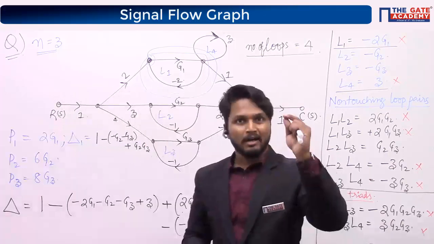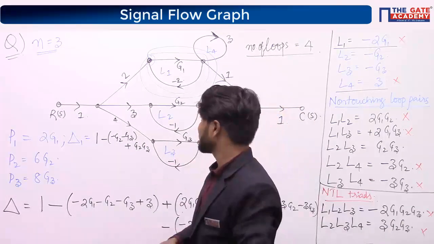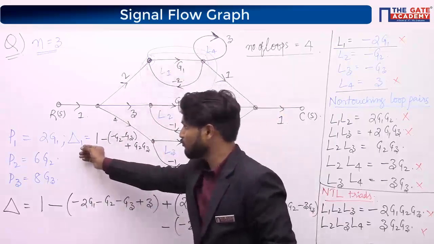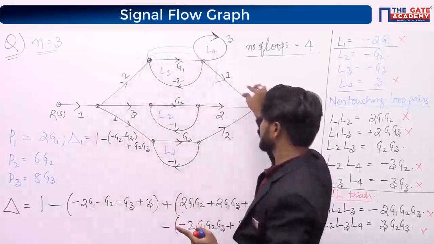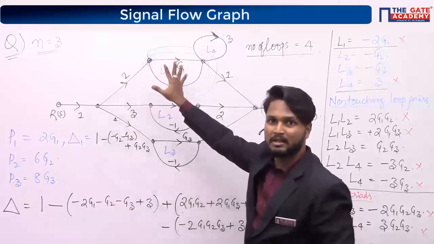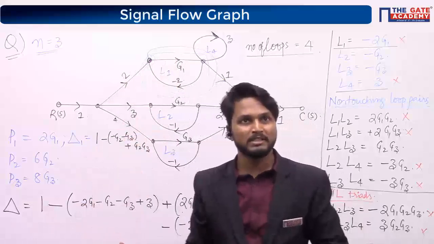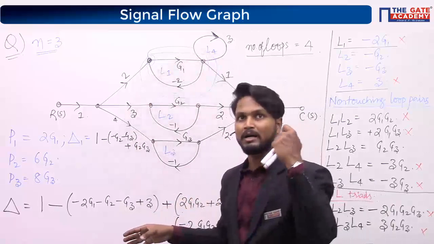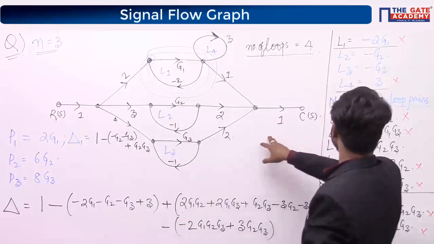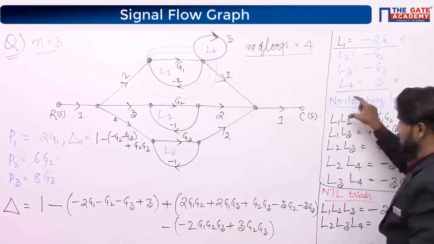That's it. I will consider whatever loops are touching the first forward path. Delta 1, 1 means first forward path. Whatever loops are touching the first forward path, I am considering they are not present at all. Which means these L1 and L4 terms will not be present.